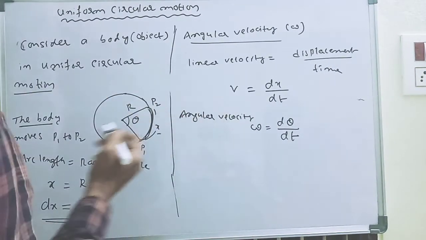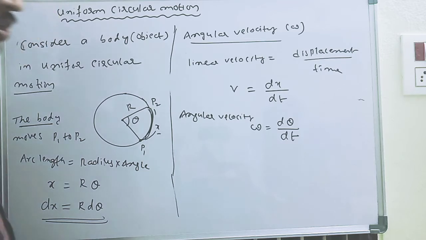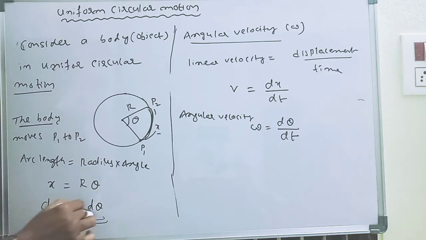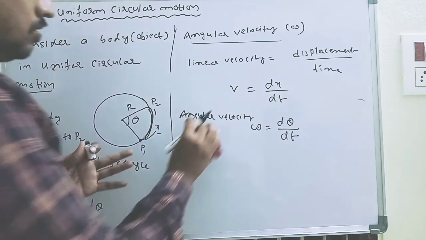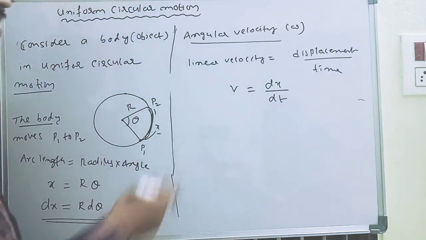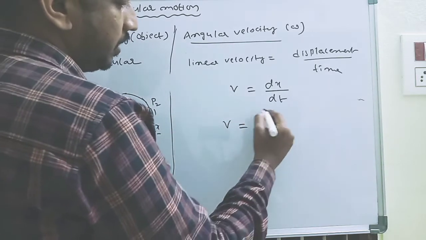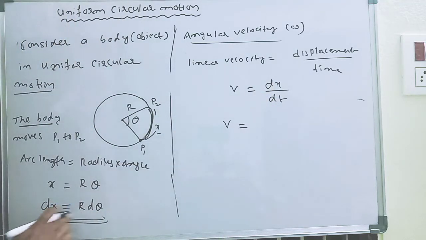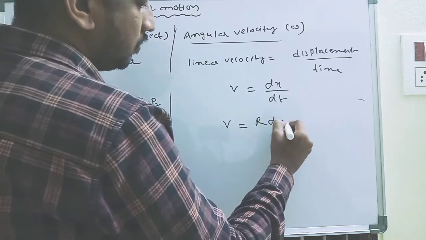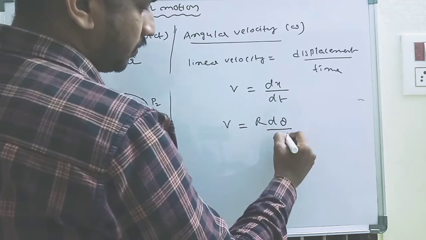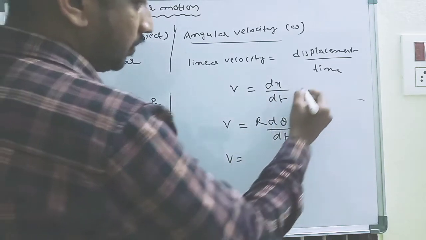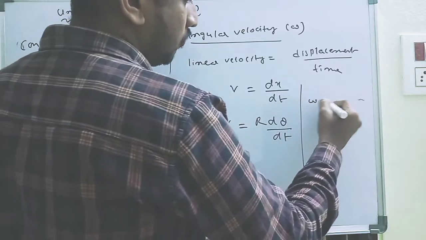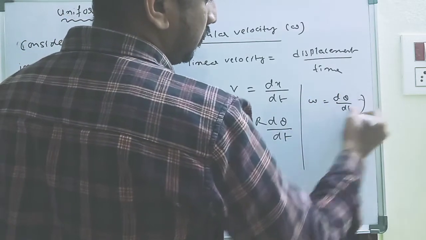Now here v is equal to dx by dt, and angular velocity omega is equal to d theta by dt. So v is equal to dx by dt, and what is dx here? Dx is equal to r into d theta. I am writing r into d theta by dt, and already we have written that omega is equal to d theta by dt.